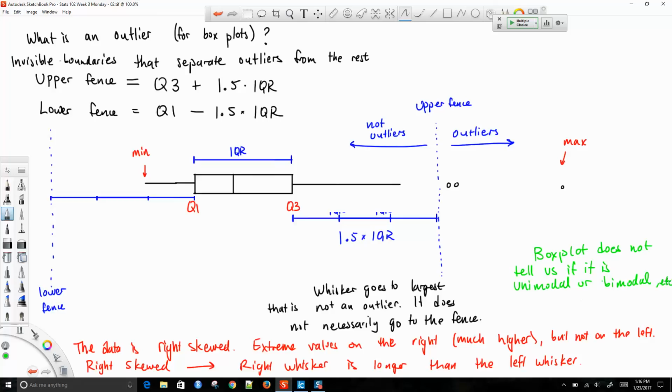Okay, was there a question there? Yes. So the median line doesn't have to be in the middle of the... The median line does not necessarily have to be in the middle of Q1 and Q3, okay? So what does it imply if it's not?